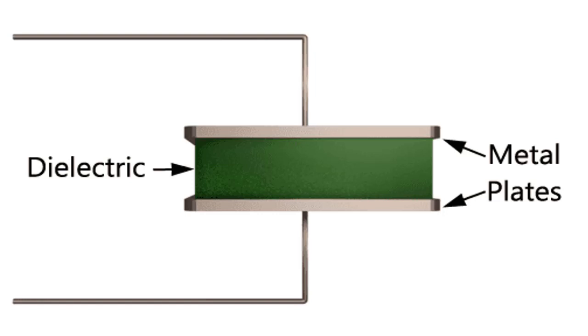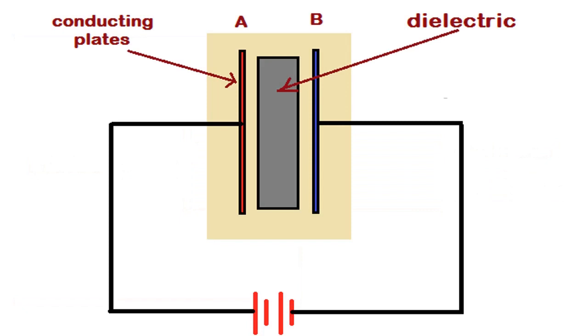When the capacitor is not connected to any voltage source, the two plates of the capacitor are in a neutral position. That is, they have an equal number of electrons and protons. Now suppose the two conducting plates of the capacitor are A and B, and we have connected the capacitor with a voltage source or a battery.